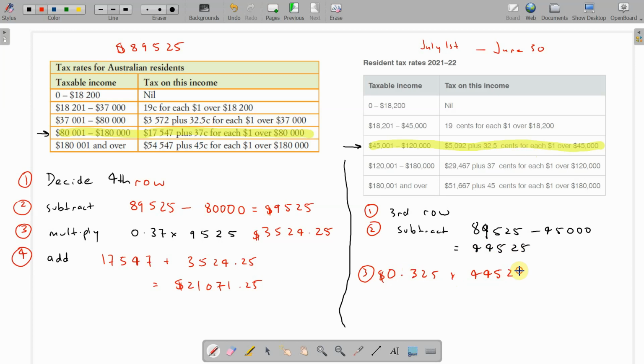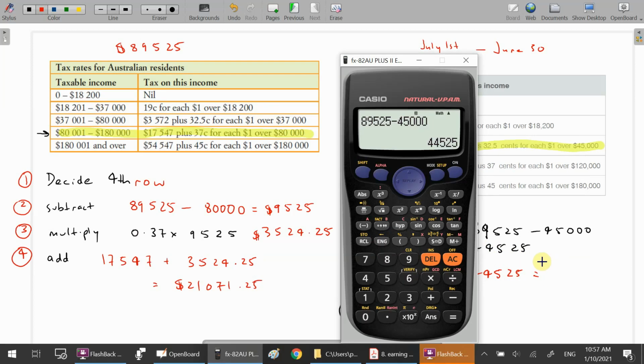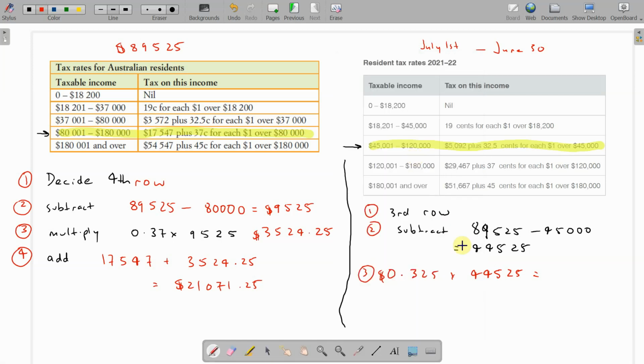That's how many dollars over. 0.325 times 44,525 is 14,470.625. Okay, so now we've done 3 of the 4 steps.